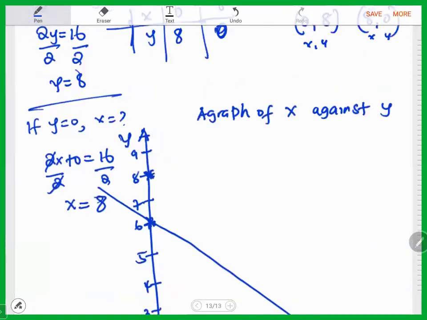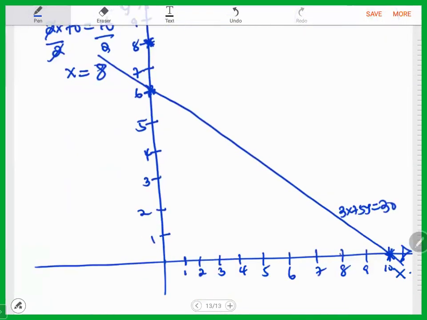And you have 8, 0, which is here. Again, we are going to join the two. I hope that's the right line.